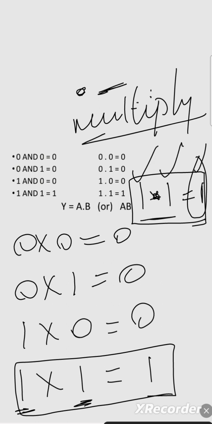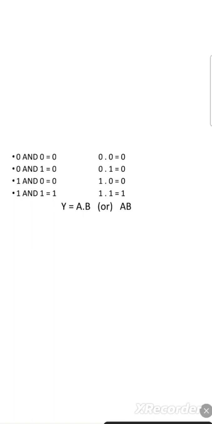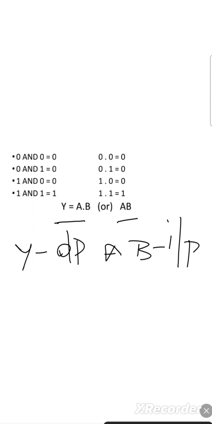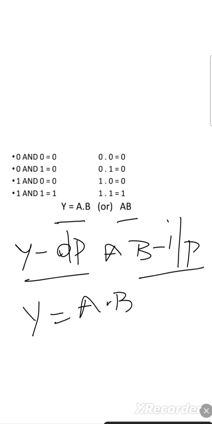So if we see the expression here, y equals A dot B or AB, as we already discussed. Here y is the output, A and B are inputs. So y equals A dot B. In mathematics, we use multiplication simply.